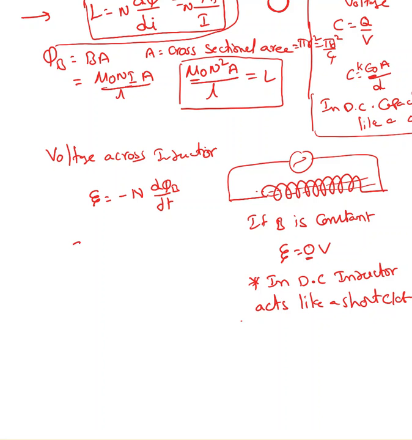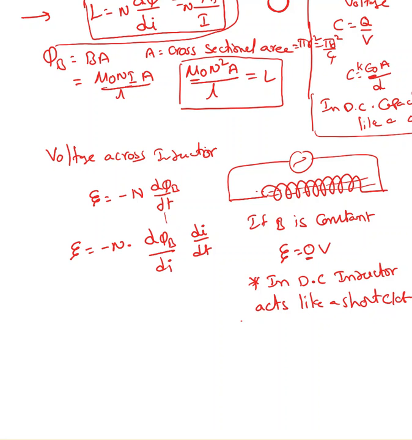Now can I write E equal to minus N times d phi by di times di by dt?